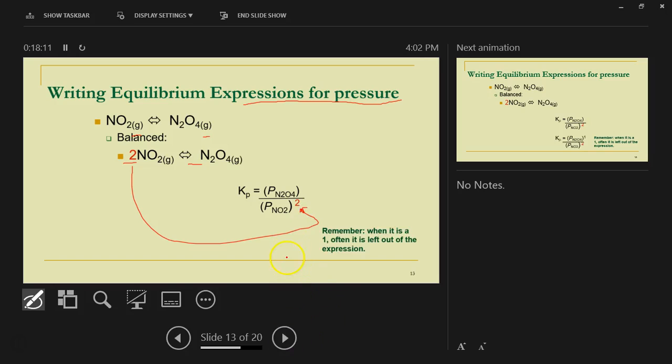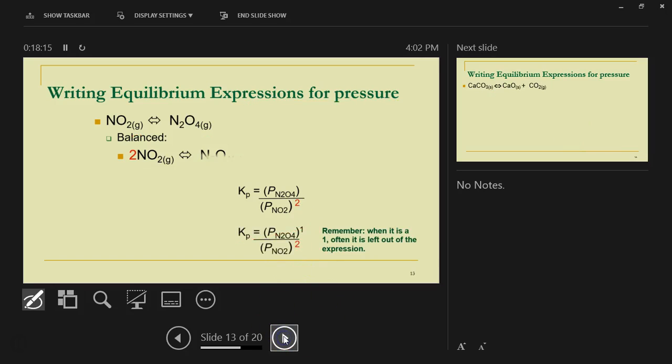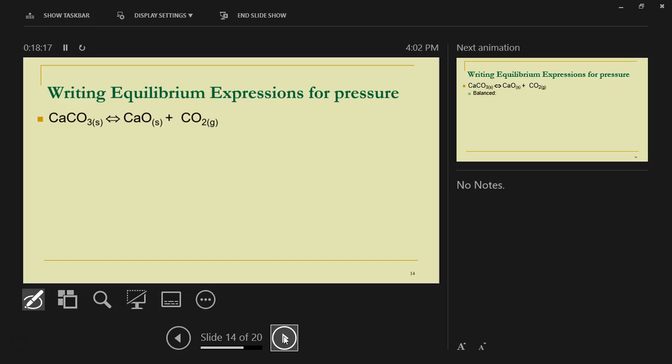Okay, so on our equation for the next problem, balance the equation, check your states of matter, write your expression. They're asking you here for an expression for pressure. Go ahead and pause the video and write that equation.